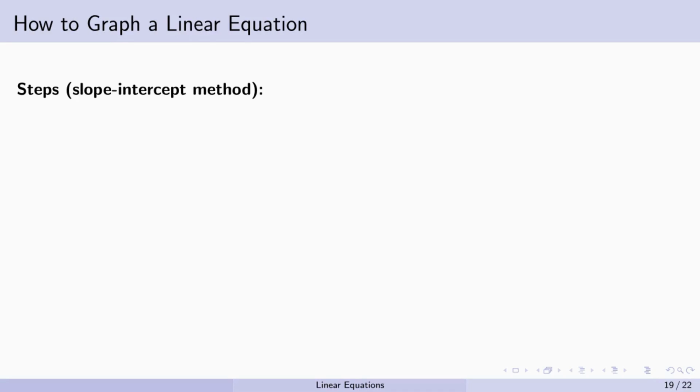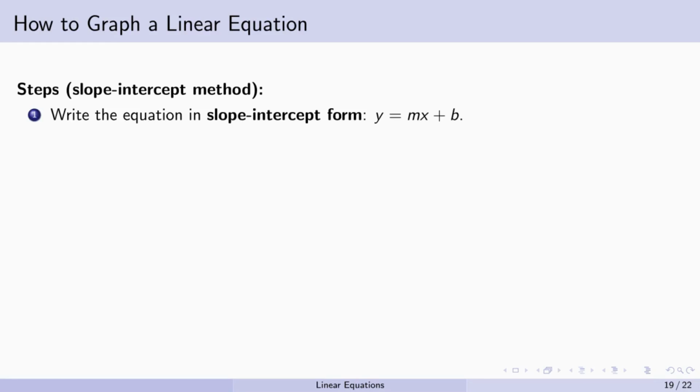Okay, so the first step is rewrite the equation in slope intercept form, where y equals mx plus b. This is the form we want to graph. Y is equal to mx plus b. Then next step is to identify the slope m and then the y-intercept b.